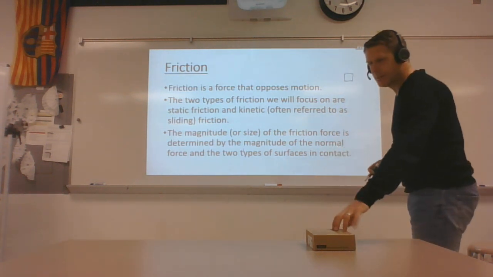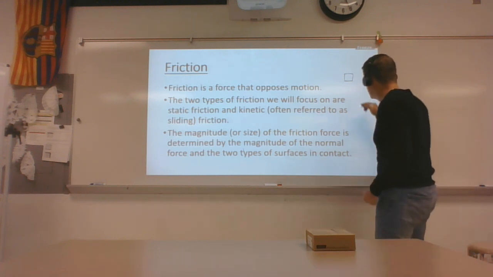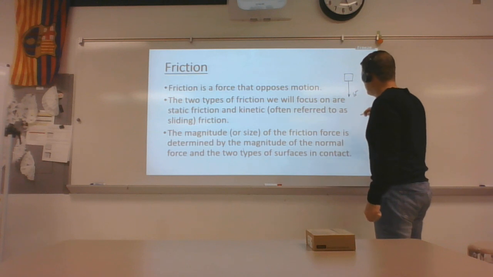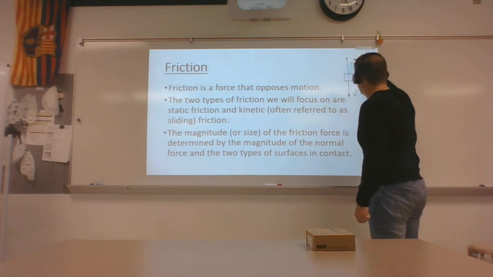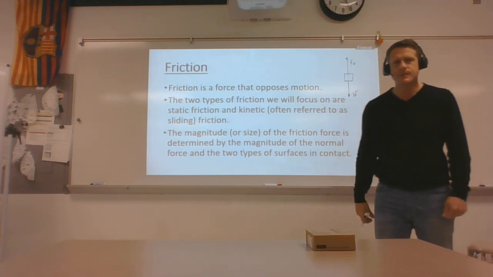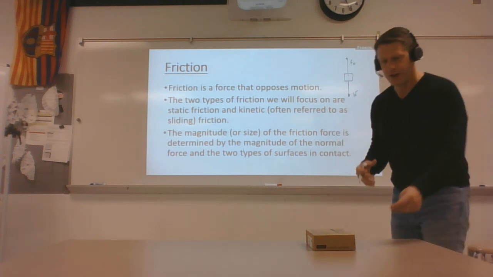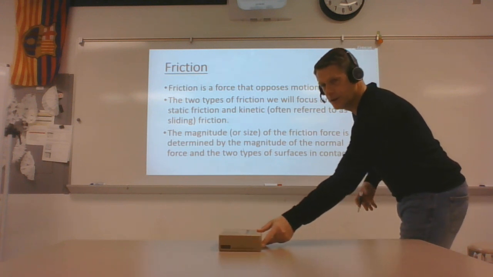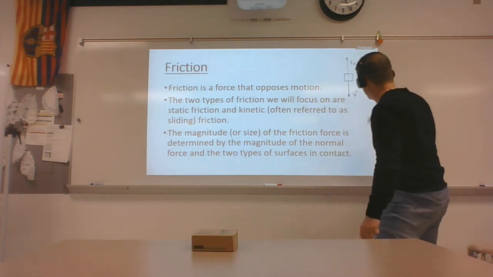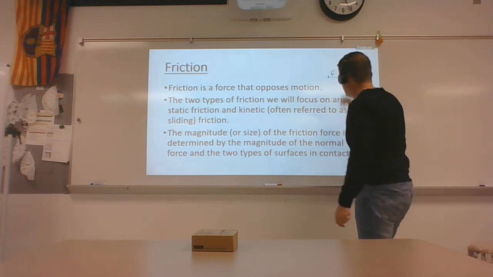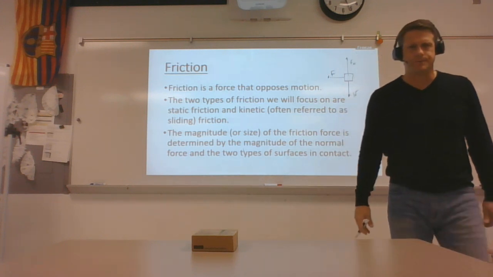Well, if we just look at the box vertically, we know that we have the weight force going down, and we have the normal force, F sub n, the table pushing upwards. If I push this box in that direction, I am exerting some force F in that direction.